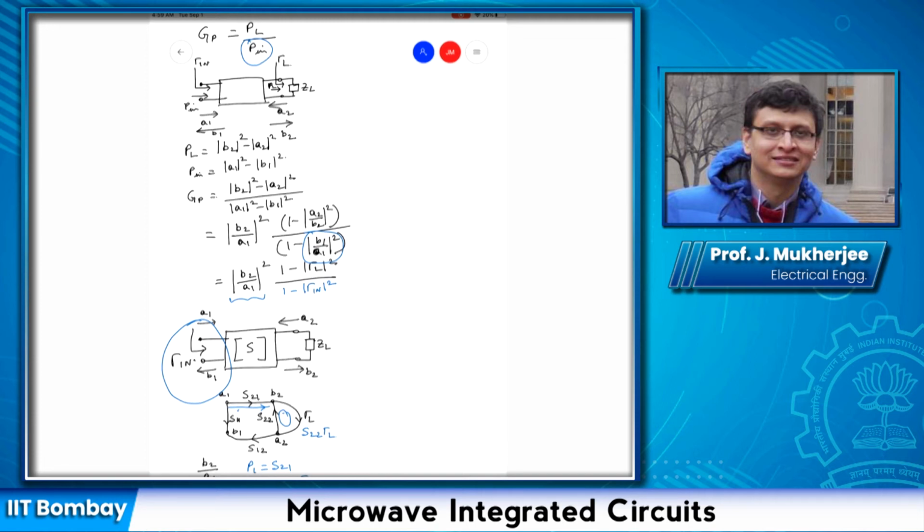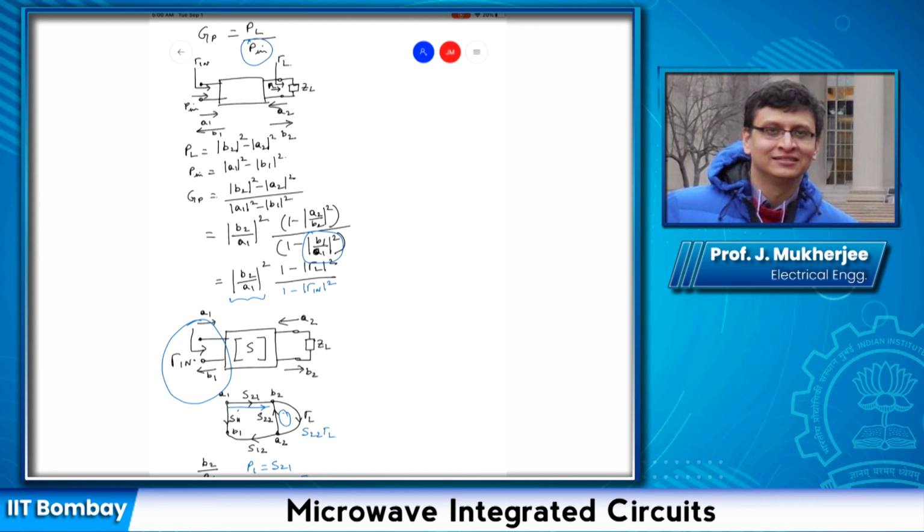So even though it's easy, in fact the purpose of GP is to make the design easy, but using some new definition of power gain doesn't really solve the problem, because it has this term P in.